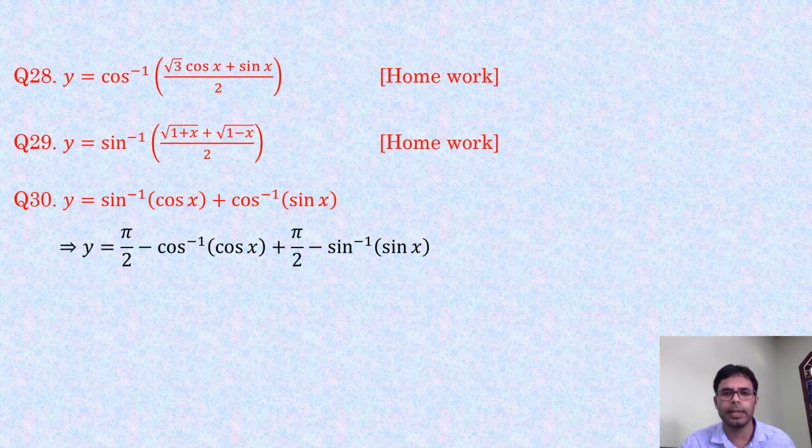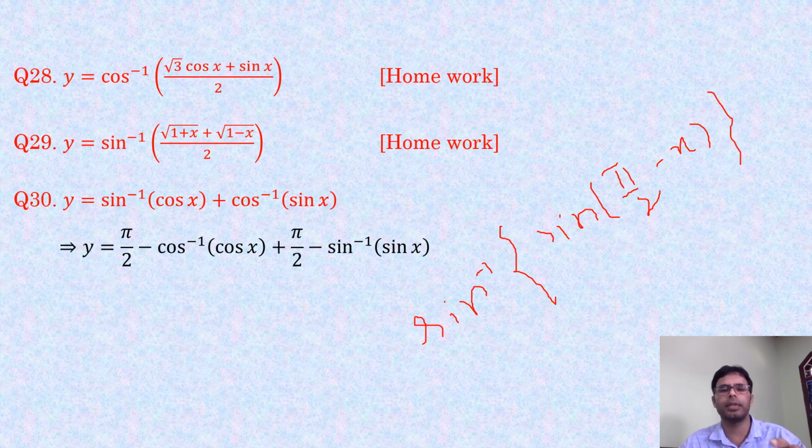You may also write this: sine inverse is already outside function, and this cos can be written as sine of pi by 2 minus x. You may use this method also.